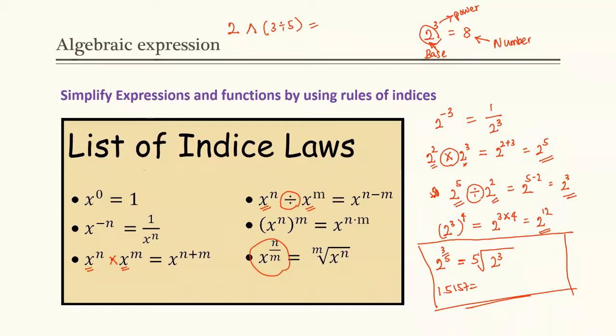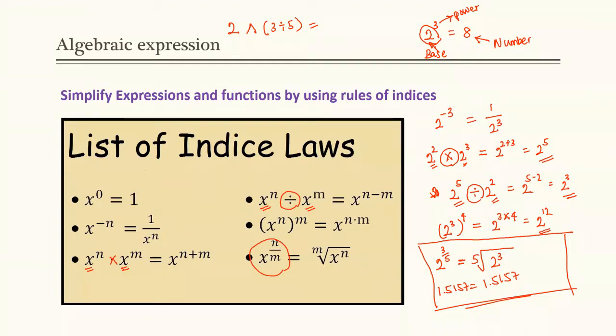Here, how to take the answer? Fifth root of 2 to the power 3. There again, you should get 1.5157.